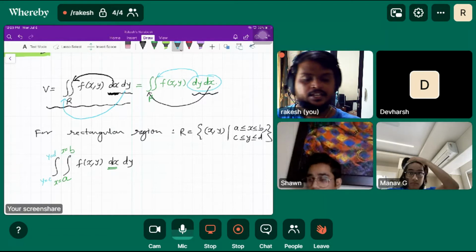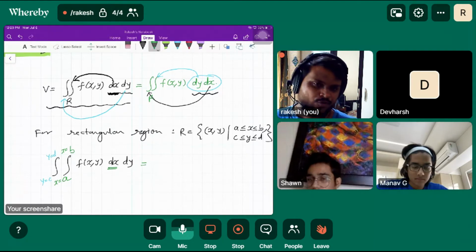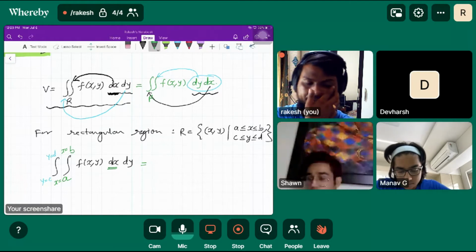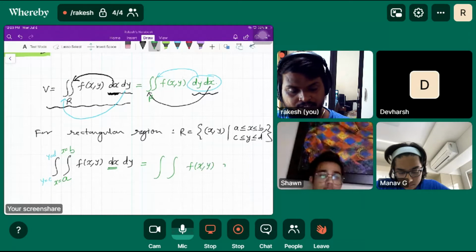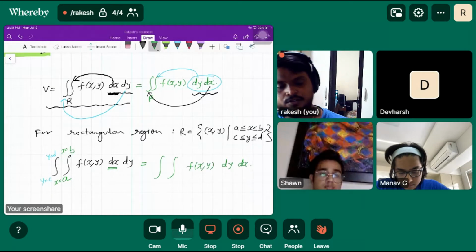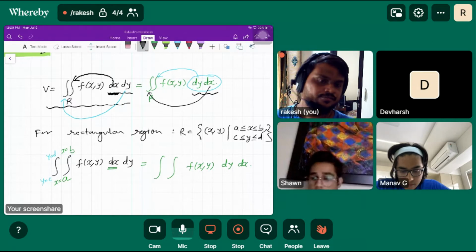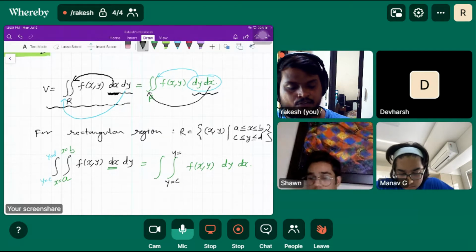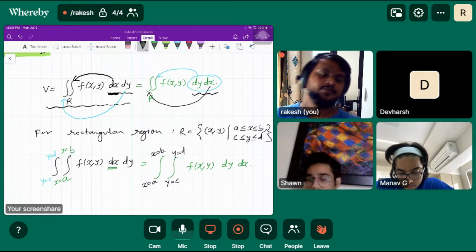Okay, if I want to write the same expression but switch the variable, so f of x comma y dy dx, then in the same way the inner integral will correspond to the y value, which is y is equal to c to y is equal to d, and the outer integral will correspond to the x value, which is x is equal to a to x is equal to b.